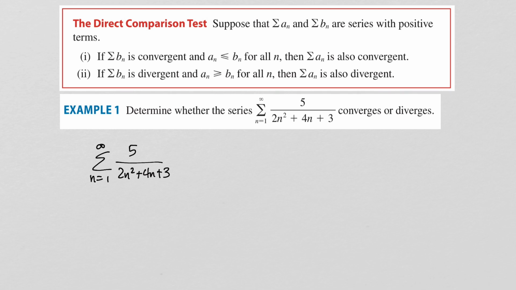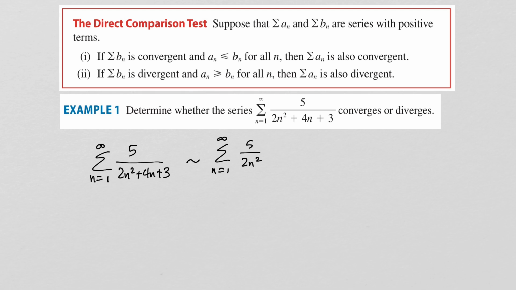So what I can say is that this series roughly behaves like the sum n equals 1 to infinity of 5 divided by 2n squared. And again, this is because as n gets very large, these terms don't matter very much compared to the squared term.